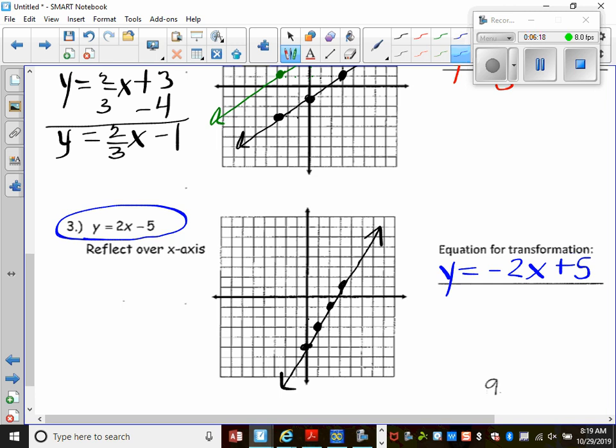And then for the next one, I'll start at positive 5. And this time, I'm going to go down 2 to the right 1, down 2 to the right 1, down 2 to the right 1.